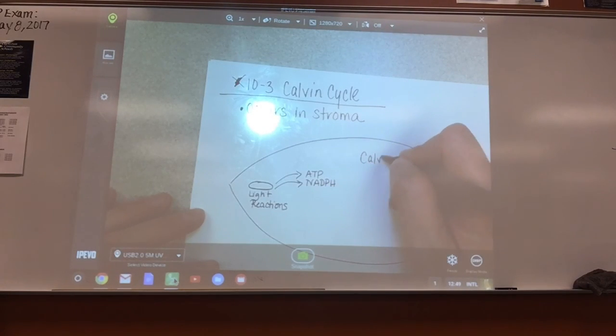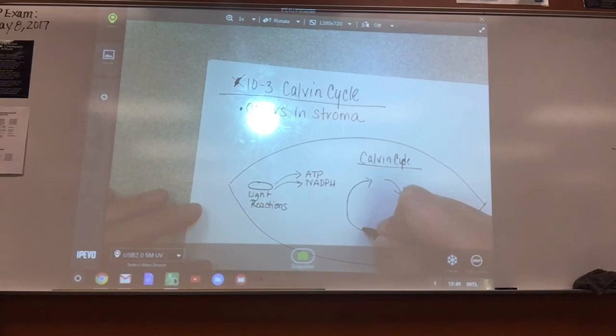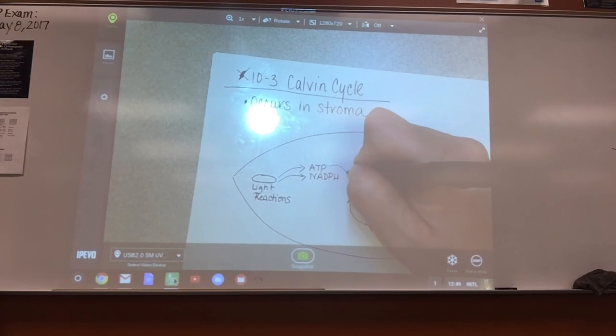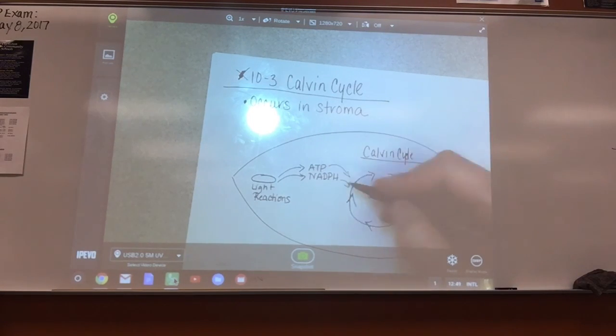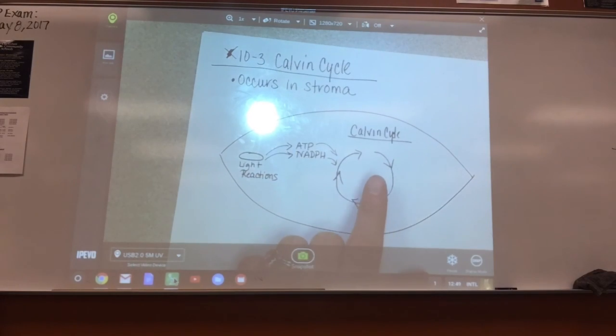And then coming out of the Calvin cycle right here, you get your first 3 carbon molecule. You get 1 G3P. This is a 3 carbon molecule, and glucose is 2 of these put together. So I'm going to put here times 2 will give you a glucose molecule. So right here there were 6 G3Ps.